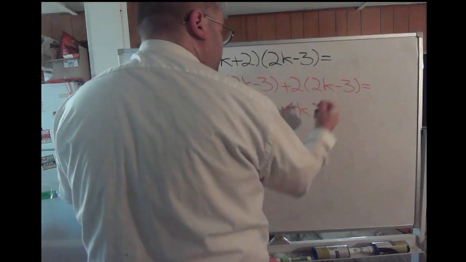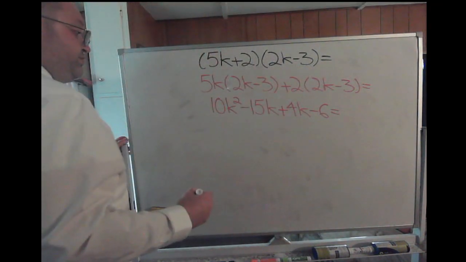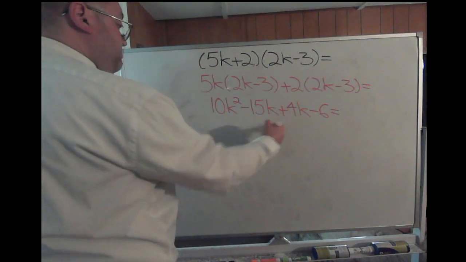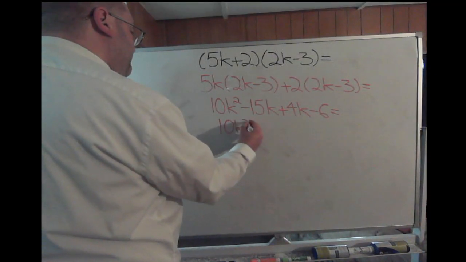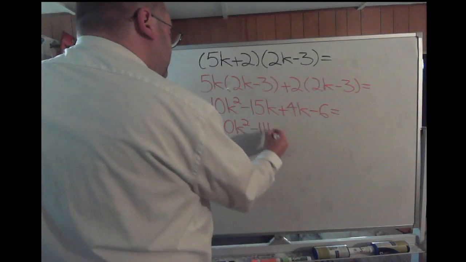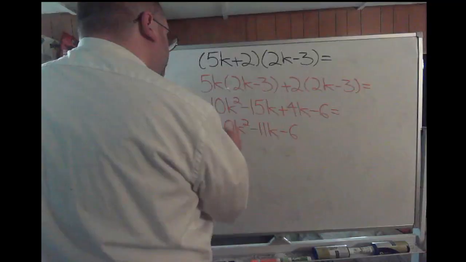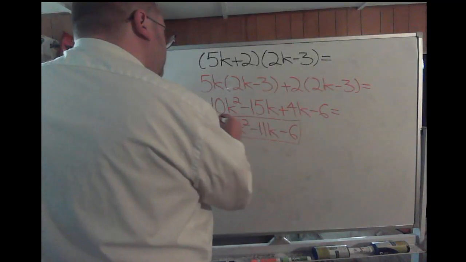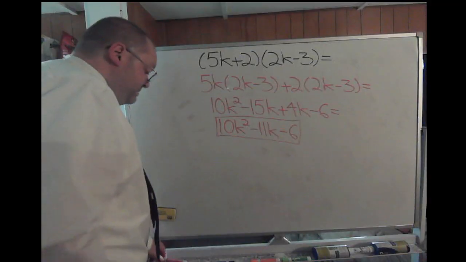Then you have plus 2 times negative 3, that'd be minus 6. So now we're going to go through, simplify the negative 15k plus 4k. You'll get 10k squared. Negative 15 plus 4, that's negative 11, so that'd be minus 11k, then minus 6. So the answer you should get is 10k squared minus 11k minus 6.